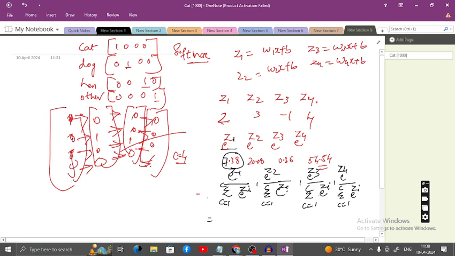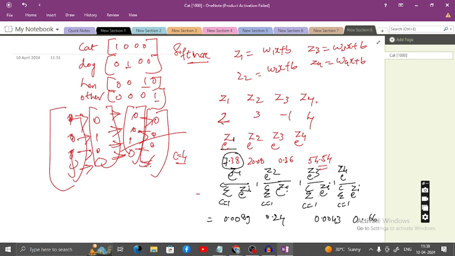If you do this, you are going to get 0.0089, 0.24, 0.0043, 0.66. You will get values like this.